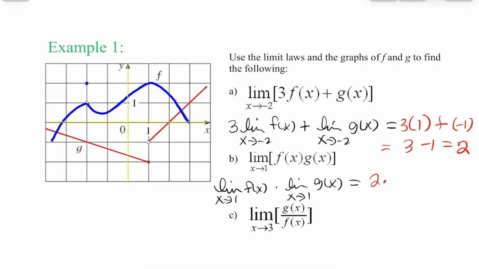On my g function, when x is approaching 1, what height am I at? From one side, but see how the other side is at 1? It doesn't exist. So since that doesn't exist, the multiplication doesn't exist. So be careful with that.